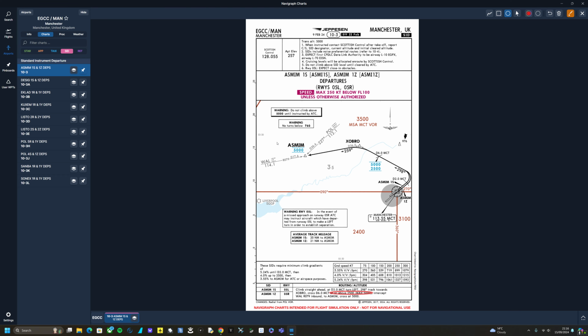And then to say intercept WAL, which is just this waypoint here, right here. That's at the end of the SID. Inbound to ASMIM, cross at 5,000 feet. So you must be at 5,000 for ASMIM, which is shown here. And yeah, so you sometimes get a routing at the bottom of the chart or somewhere in the chart, which helps you out a lot.